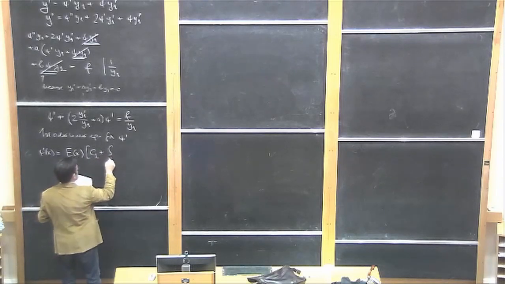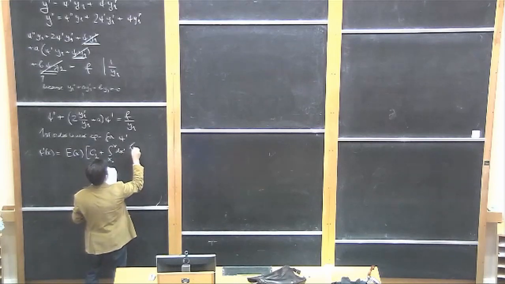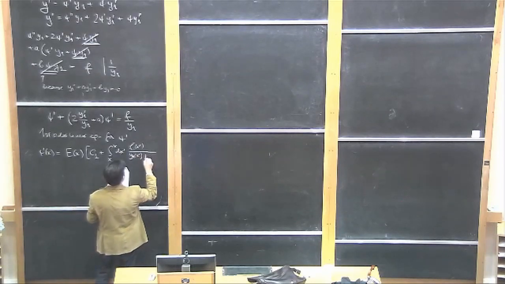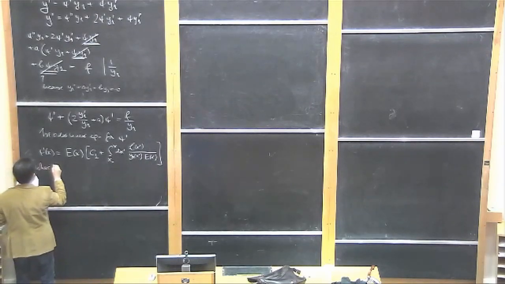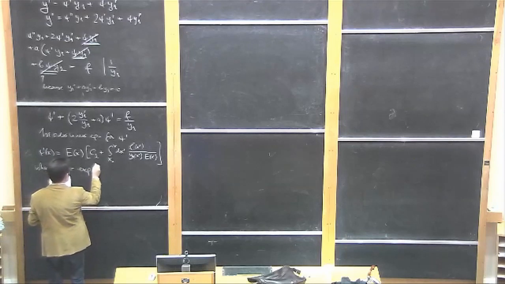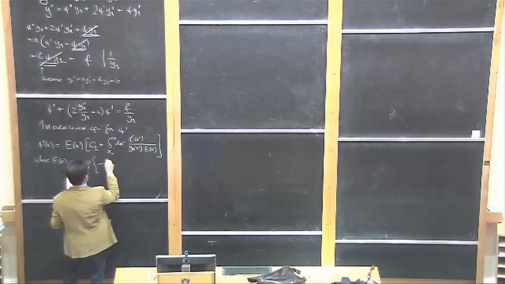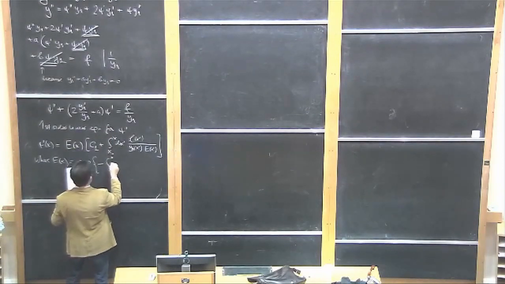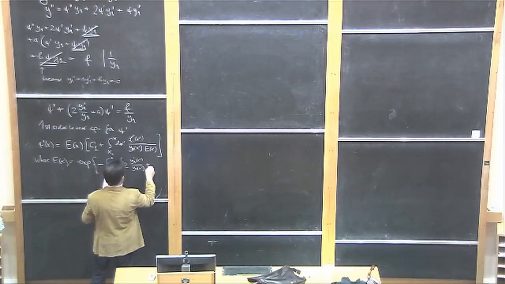Constant plus integral from x naught to x dx prime of the right hand side, which is f of x prime over y1 of x prime, divided by E of x prime, where E of x is the exponential of minus the integral from x naught to x dx prime of the coefficient in front of this, 2 y1 prime of x prime over y1 of x prime plus a of x prime.